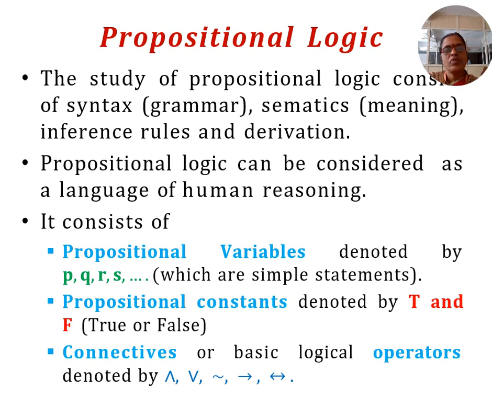It consists of propositional variables which are denoted by the letters P, Q, or S, and so on. Propositional constants are denoted by capital T and capital F, which denote true and false. And also the connectives or basic logical operators, which are disjunction, conjunction, negation, conditional, and biconditional operators.